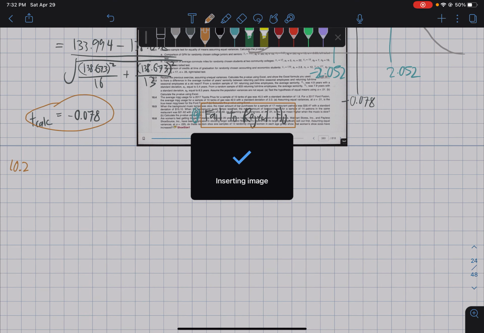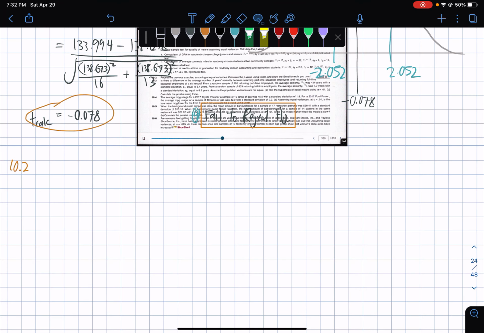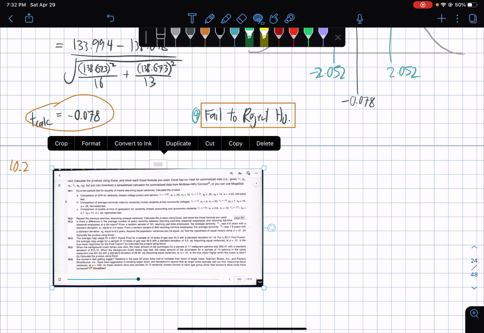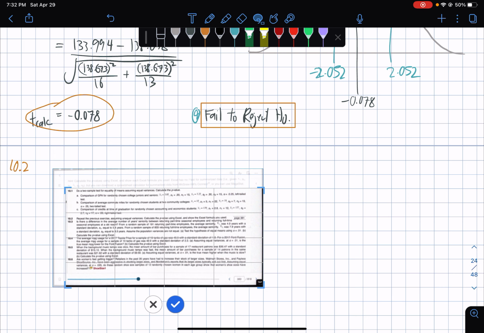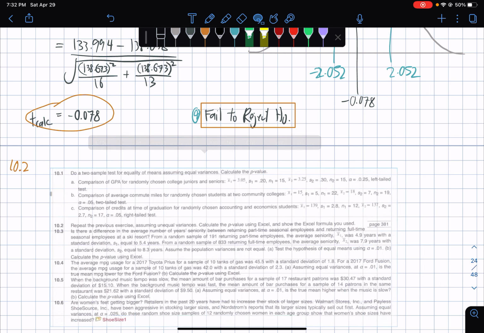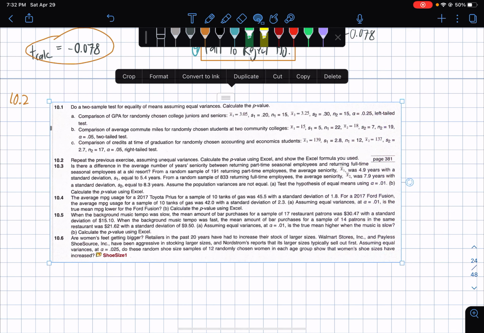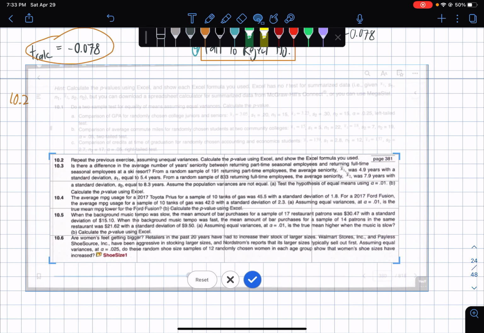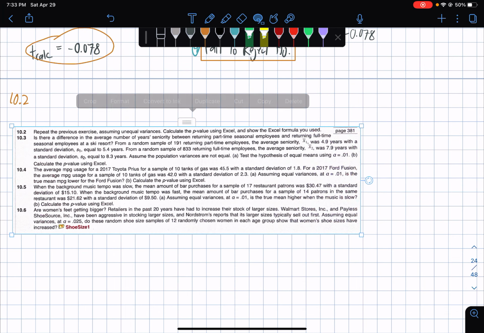So we only stick to the t value, the z value, and anything else that's relevant to the lesson. 10.1 is not part of it anymore. So 10.2, 10.3, 10.4. Okay.